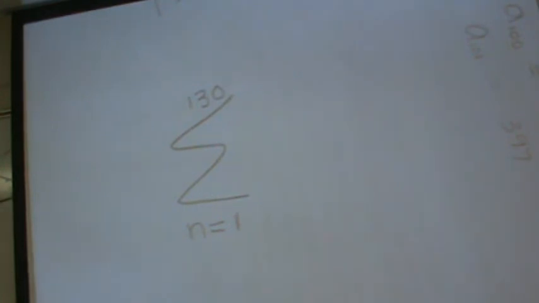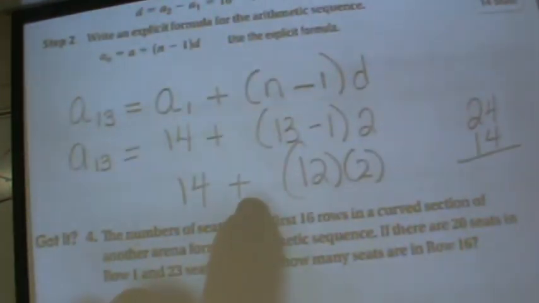No. What if I say there's 130 rows? You're going to sit there and add up all those seats? No. Calculate. So guess what? If you can't do this, you're not going to be able to sum up all the seats in the stadium. One day you might be working for the palace, that's a job out there. So this is a real world example.